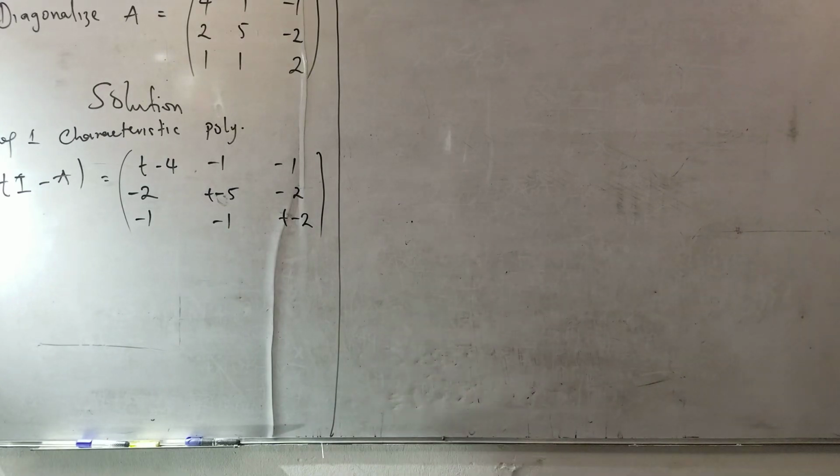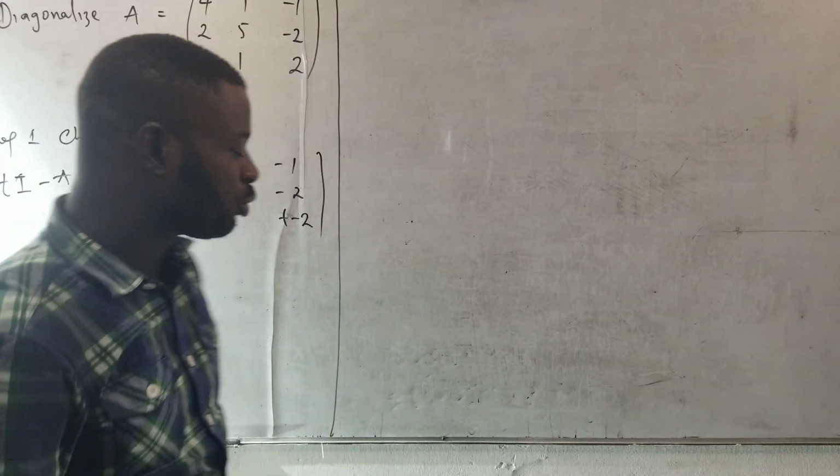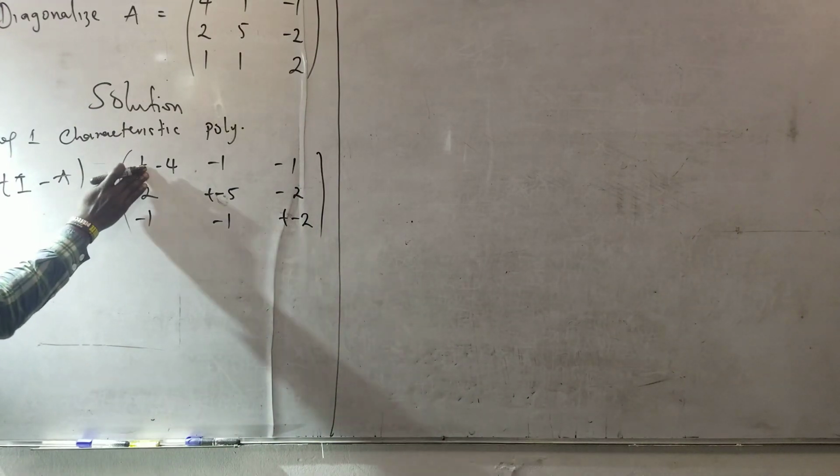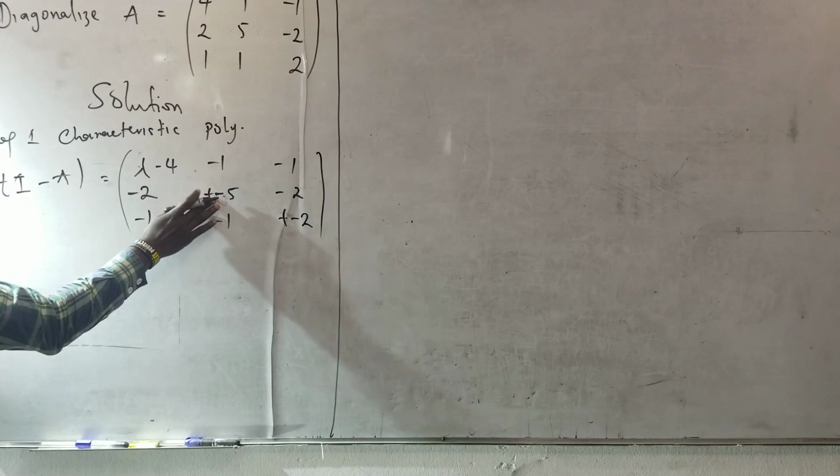Now, that is one way of going about it. The best way to do this is that I will approach it with what is called lambda. I think we are used to lambda.